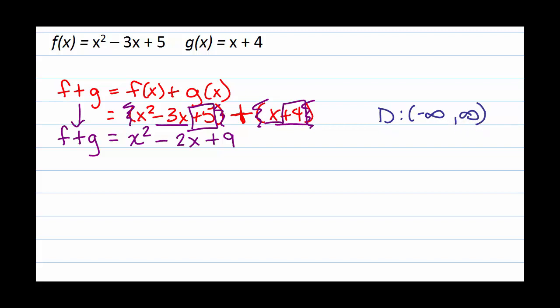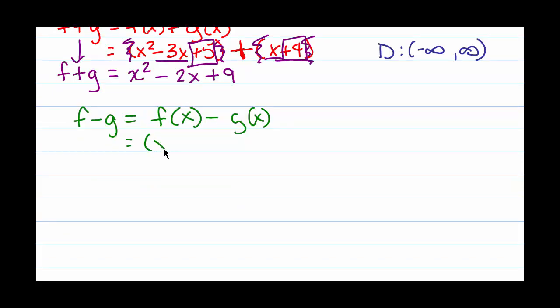All right, now let's look at f minus g. So my next operation was f minus g. So that's f of x minus g of x. So my f of x, x squared minus 3x plus 5, minus my g of x, x plus 4.